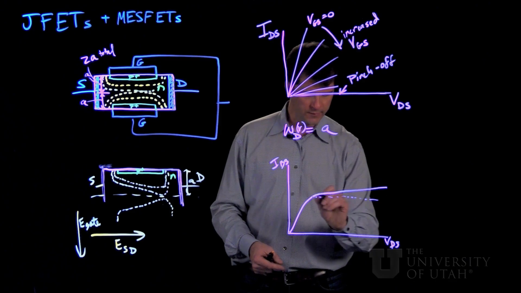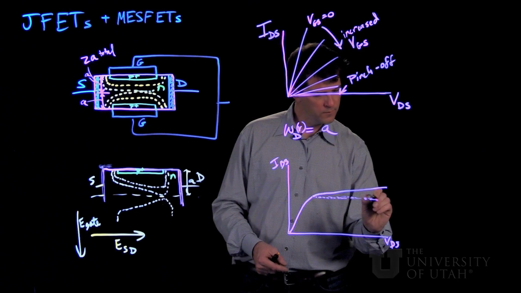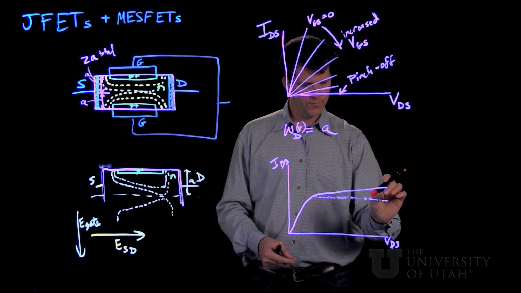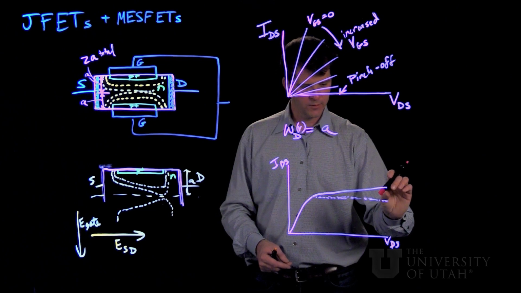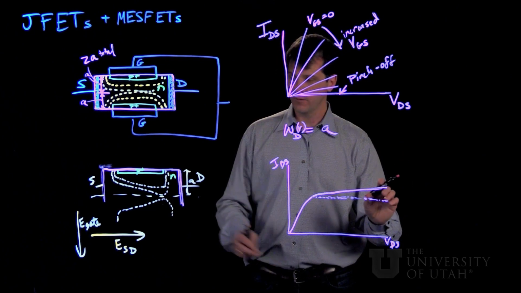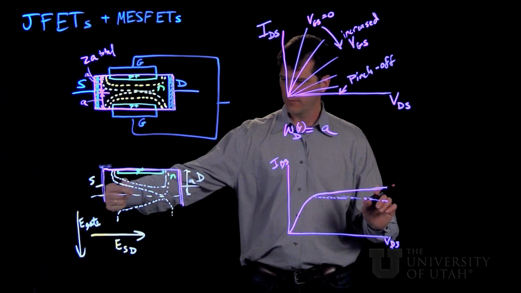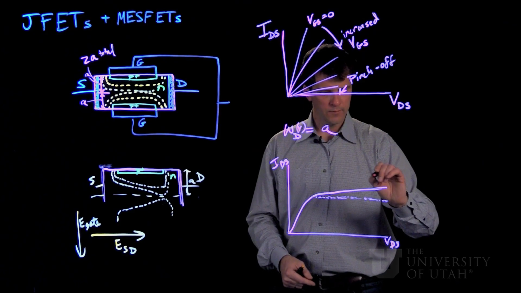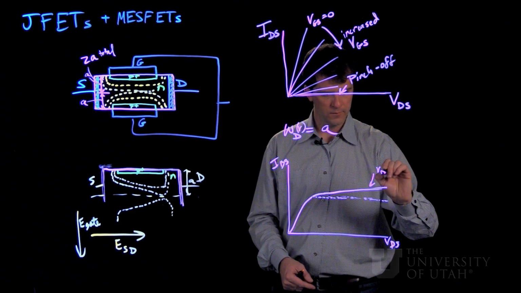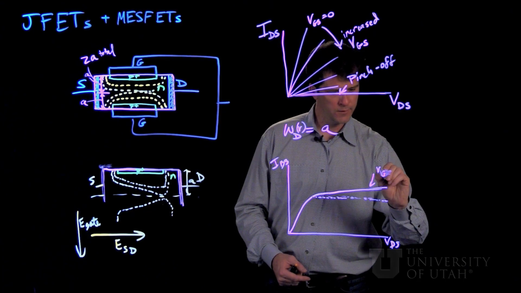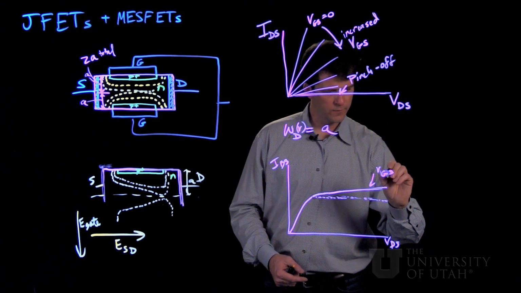And so we have a rollover effect where the ideal transistor would have a flat current as a function of drain-source voltage, but you can push more and more current through this almost pinched off region for any given gate-source voltage.